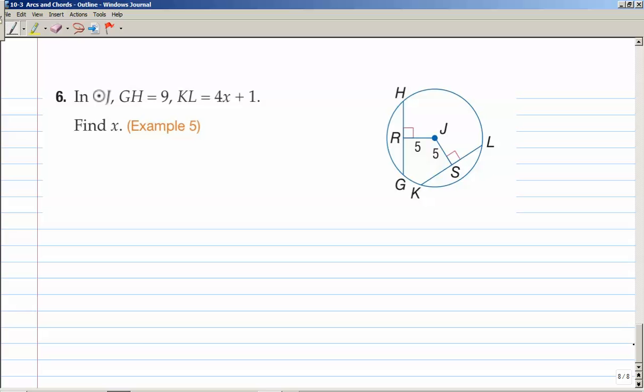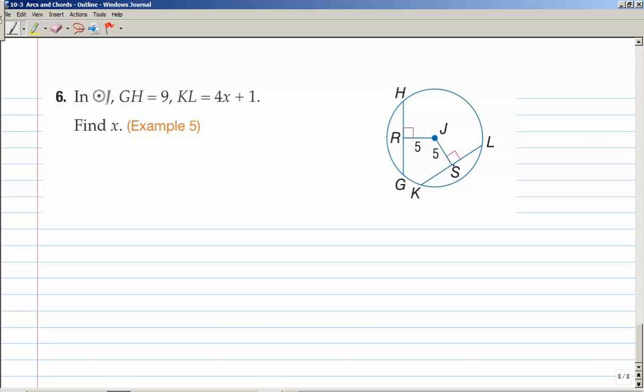And our last example here gives us circle J, and in this circle we know that GH is 9 and KL is 4x plus 1, and we need to find x. Well, notice chord GH is 5 units from the center J, as is chord KL.